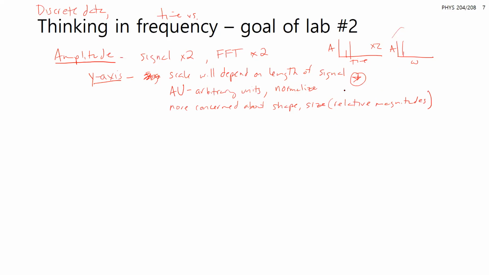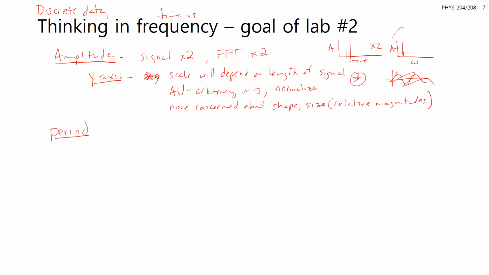I just want to point out that the scale will depend on the length of the signal. If you're dealing with a short chunk of a sine wave versus a long one, that will change the magnitude of the amplitude. So just a little comment on the amplitude there.